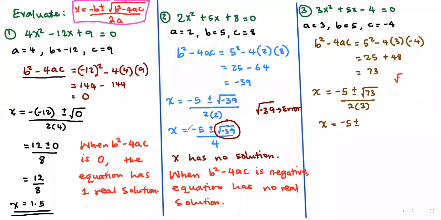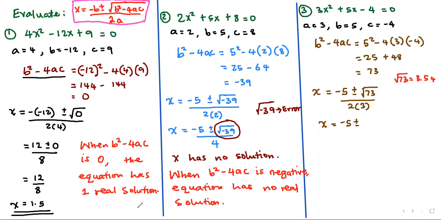So we have negative 5 plus or minus 8.54, which is the square root of 73, and now we divide it by 2 times 3, which is 6.